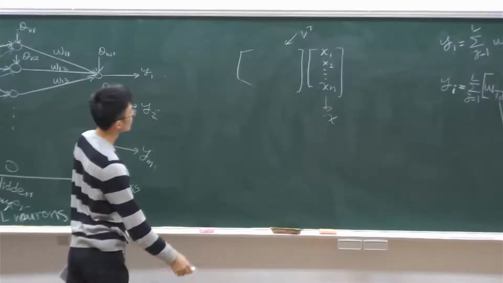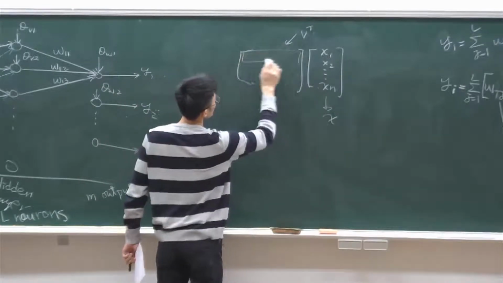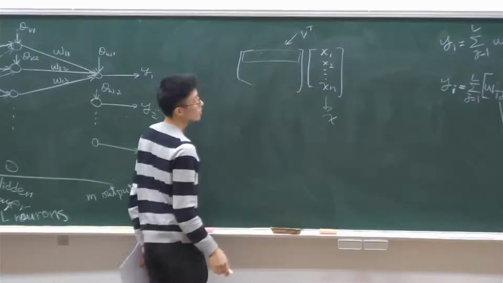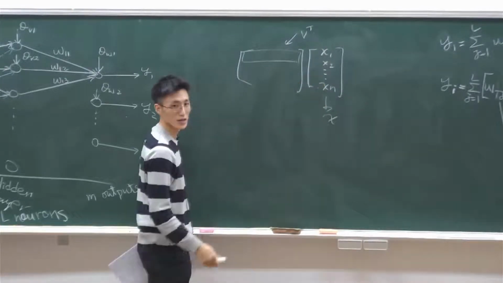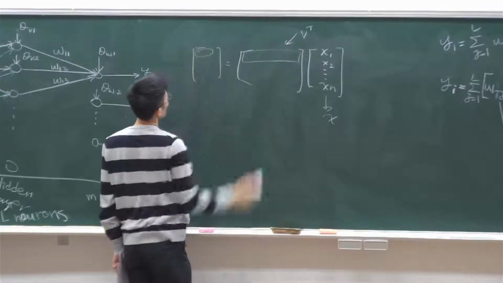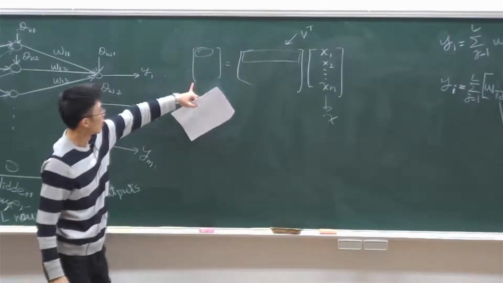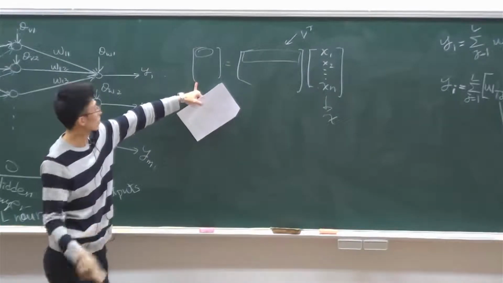And what is V transpose? We know the first row of V transpose will do the inner product with x and generate the first element of this column vector.